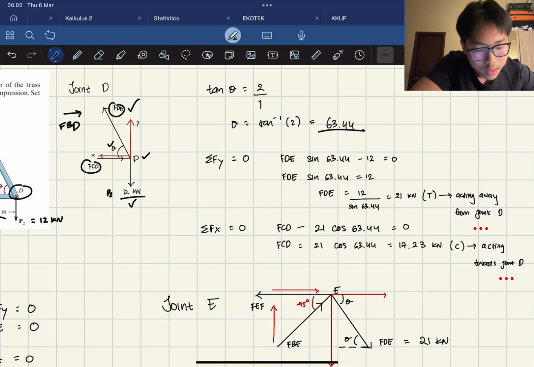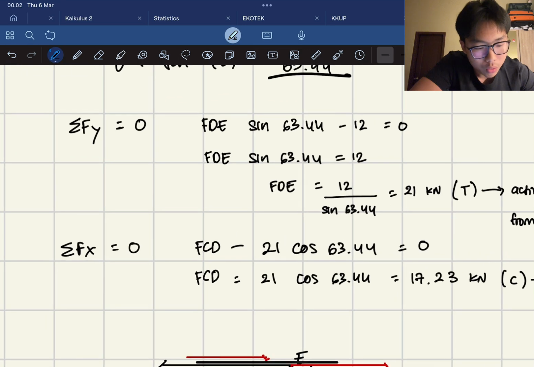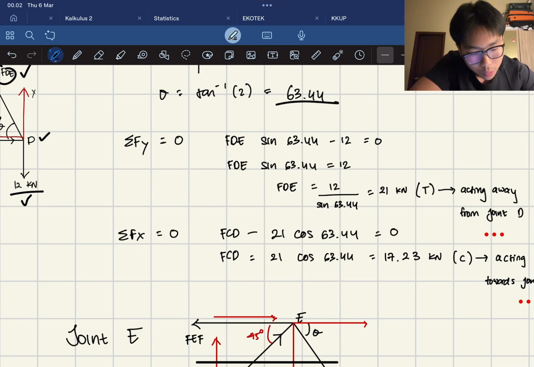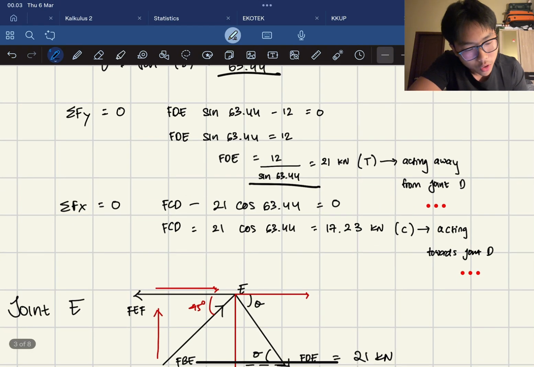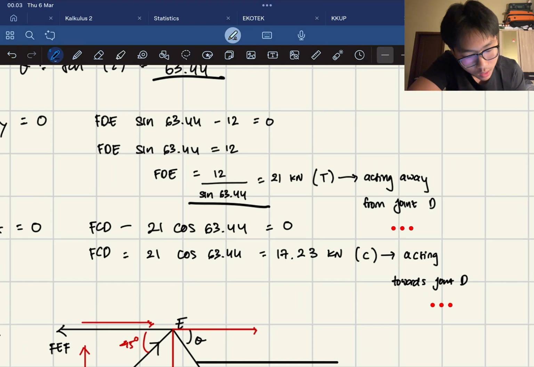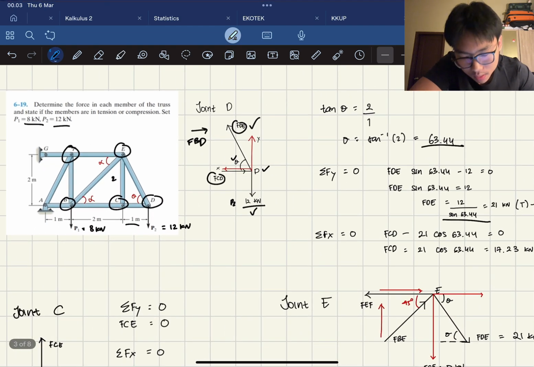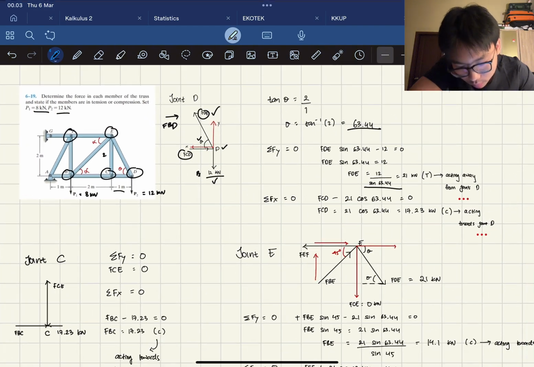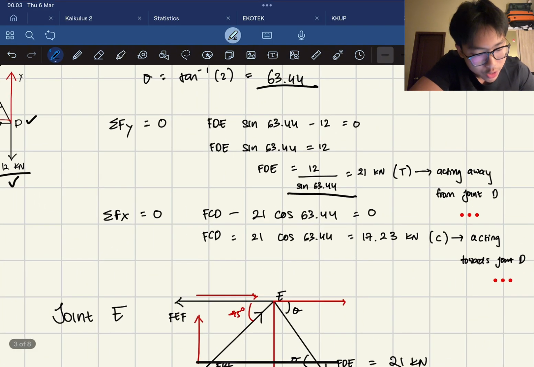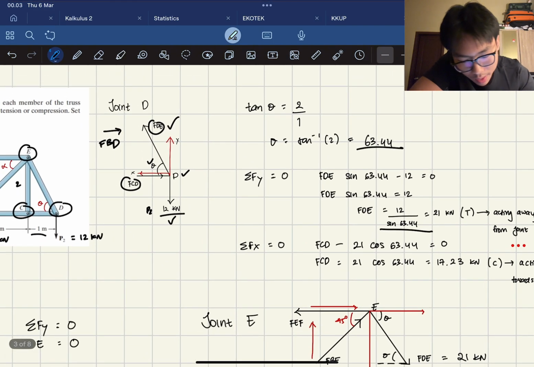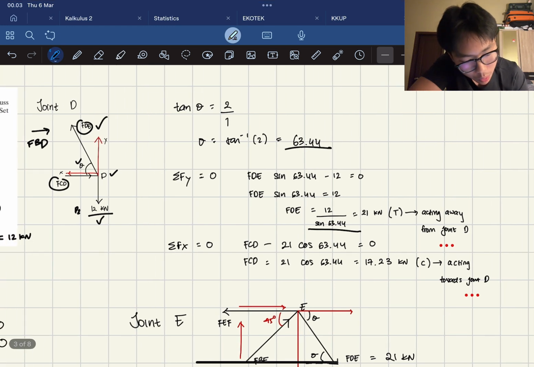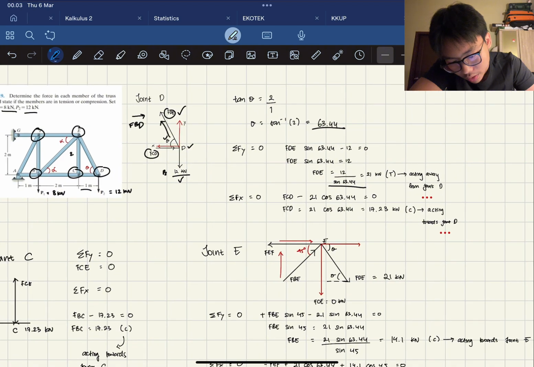So FDE sin 63.44 equals 12, and FDE equals 12 over sin 63.44. We got the value of 21 kN, and the state would be tension because FDE is moving away from joint D.